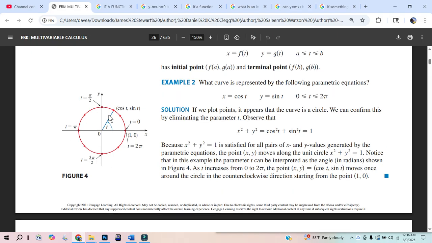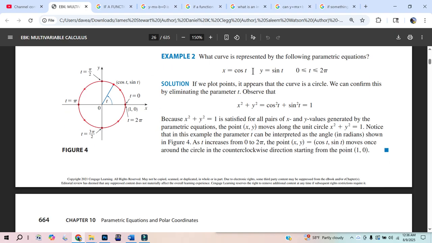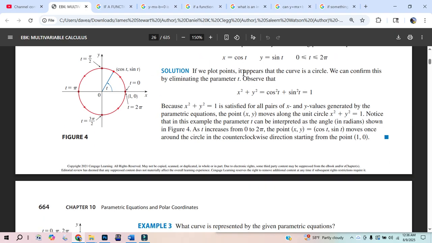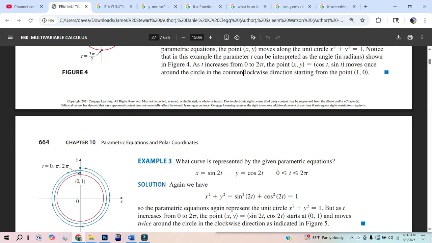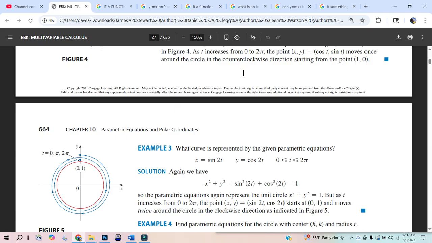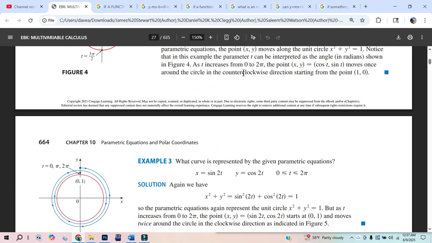It moved around once. This makes sense to me, because sometimes when learning on your own, people introduce terms too fast, and it's just like, I don't believe you, or I think it's too complex.